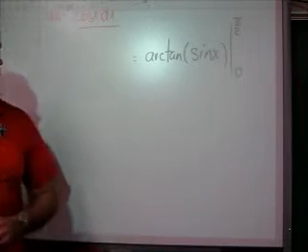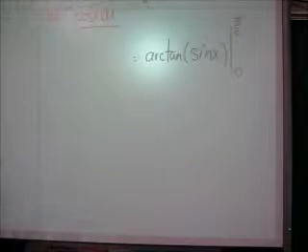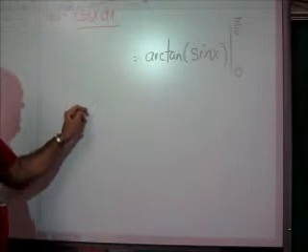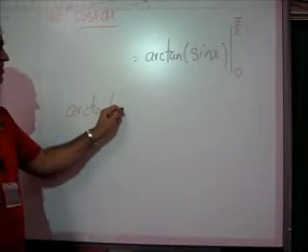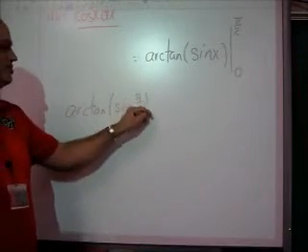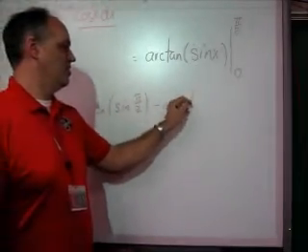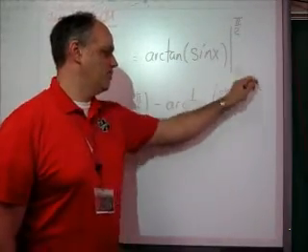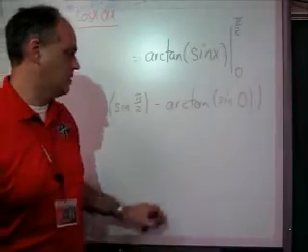Now let's see what we remember about our trig unit circle. I want to take the arctangent of the sine of pi over 2 minus the arctangent of the sine of 0. Oops, excuse me one second.